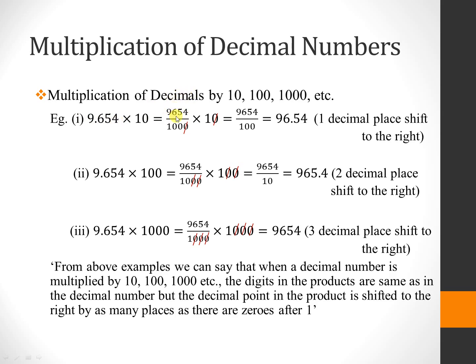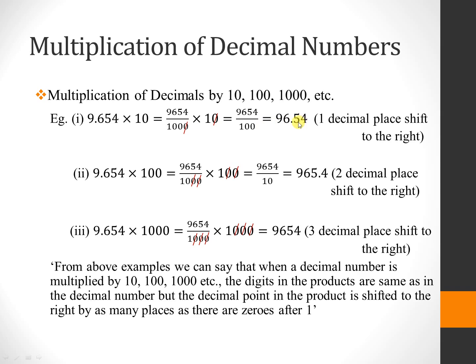So that is 9654 divided by 1000 multiplied by 10. This 10 cancels, so what is left? 9654 divided by 100, and when we write this decimal fraction as a decimal number, we get 96.54.